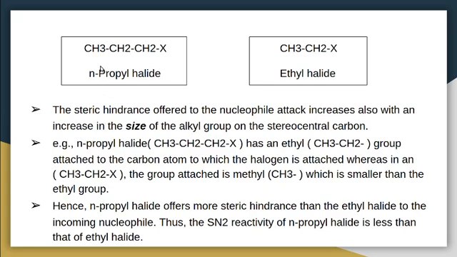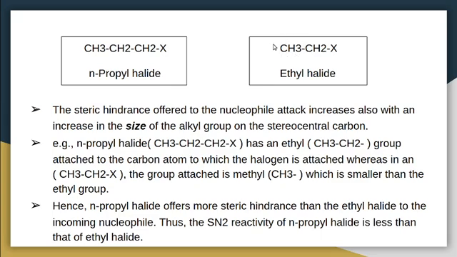So here in propyl halide the ethyl group is attached on the carbon atom to which the halogen is attached. On this carbon atom the incoming nucleophile attacks. So there is a large ethyl group. In this case, on this carbon the leaving group is attached, and 2 hydrogen atoms and 1 methyl group. A smaller methyl group is attached.